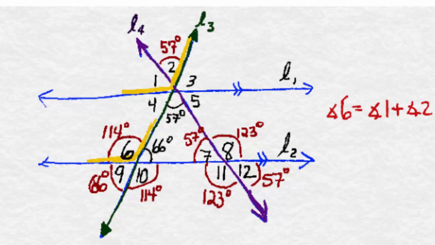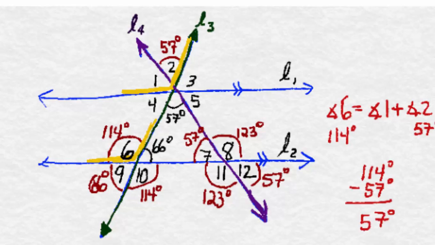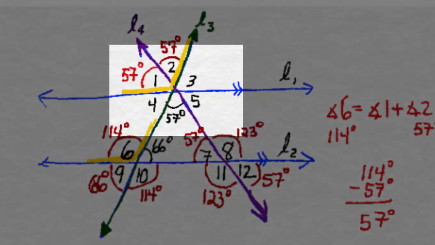But angle 6 is 114 degrees, and angle 2 we know is 57 degrees. So if we subtract these two values, we can find angle 1. Angle 1 must be 57 degrees, just like angle 2. Now notice that automatically gives us another vertical angle. Angle 5 must also be 57 degrees.